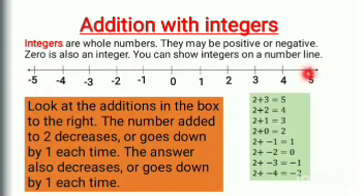Now, let's look at this. The number added to 2 decreases or goes down by 1 each time. So the answer also decreases or goes down by 1 each time. Let's start from 2 plus 3 is equal to 5.